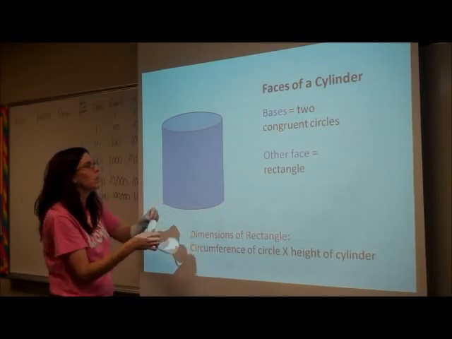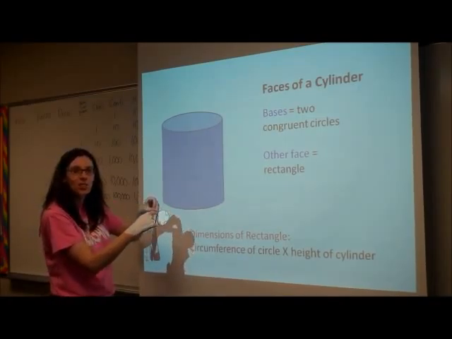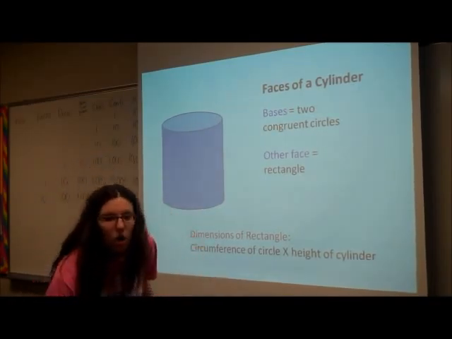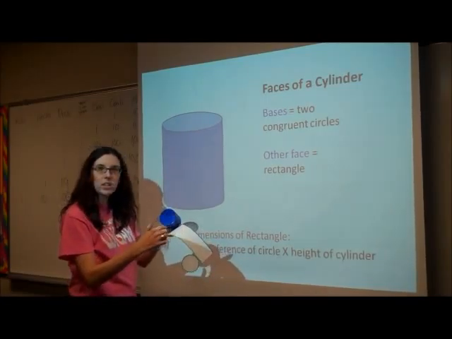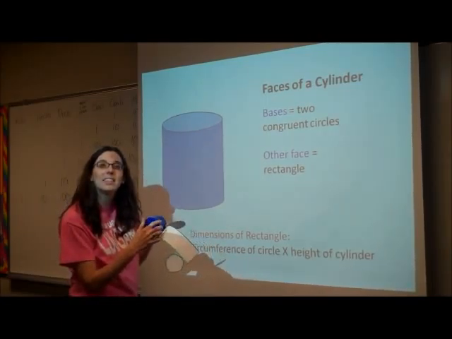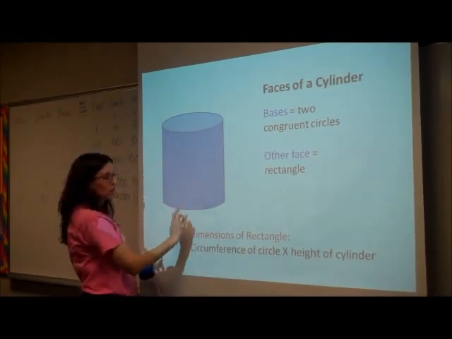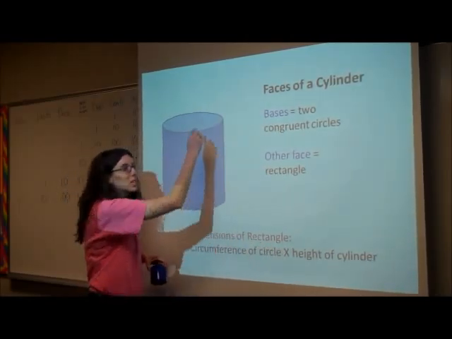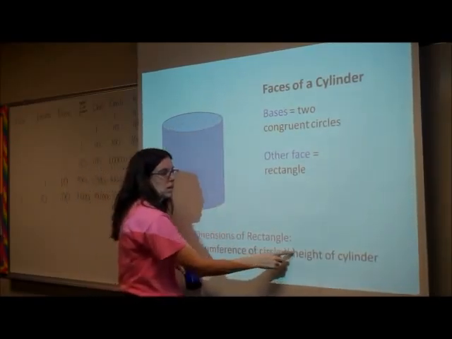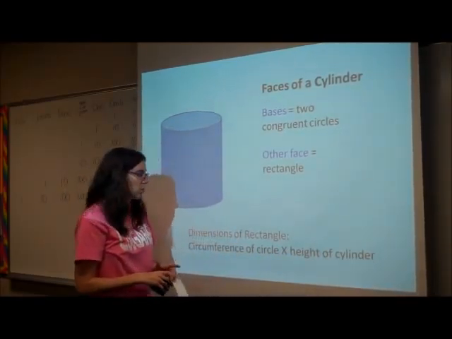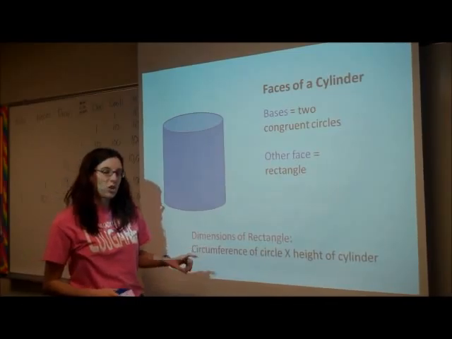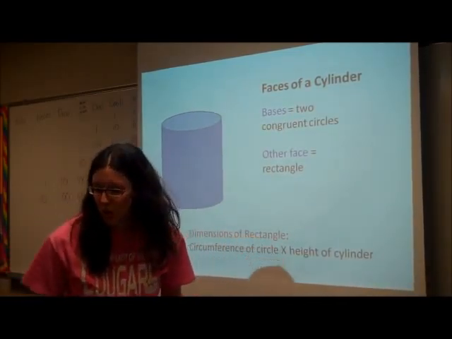So it needs to be the same distance as it is around the outside of the circle, or how long around is my can? That is the circumference. So the dimensions of this rectangle are going to be the circumference of my circle times the height of the cylinder. You've got to remember that circumference, or else it's kind of hard to do the problem.